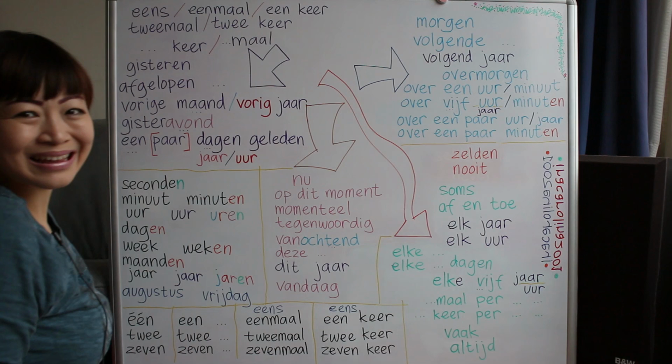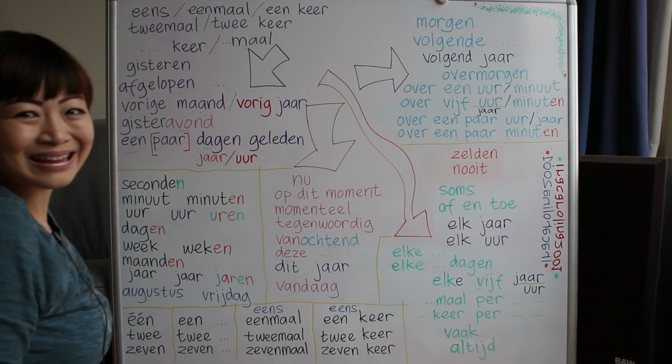Future. Tomorrow is morgen. Next, something: volgende, something. You put any word from here. Next is volgende. But again an exception for year: instead of saying the next with volgende, we say it with volgend. Volgend jaar, next year.